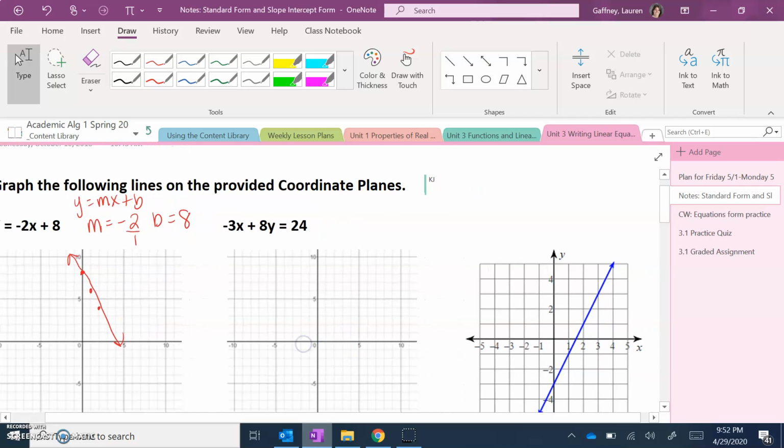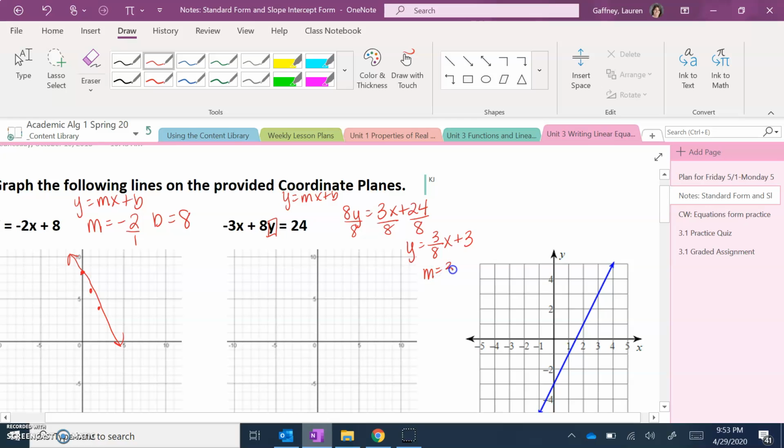Now this one is not in slope-intercept form. So what we've done in the past is solve it for y so that we can get it into slope-intercept form. Since it's -3x, we would add 3x to the other side. Then to finish getting y by itself, we would divide every piece by 8 and simplify if you can. 3 over 8 does not reduce, so leave that as 3 over 8x plus 3.